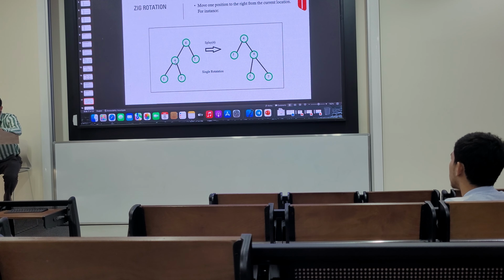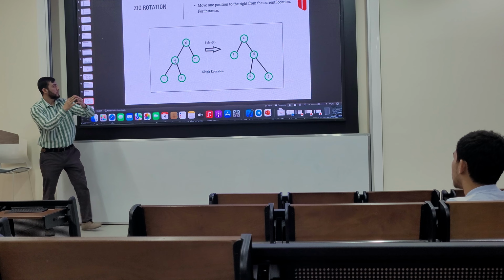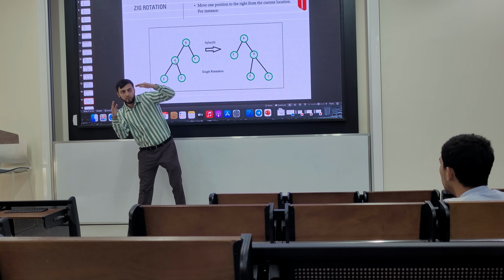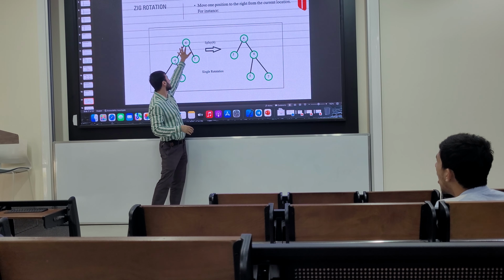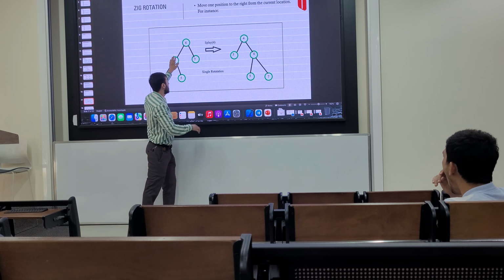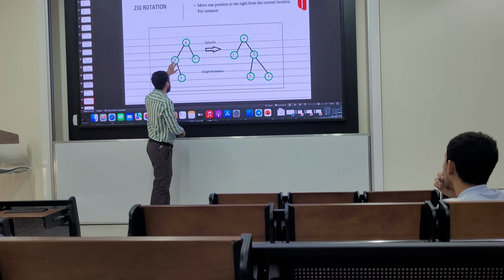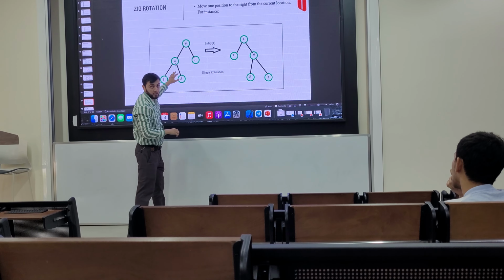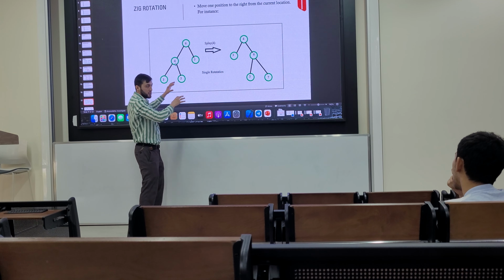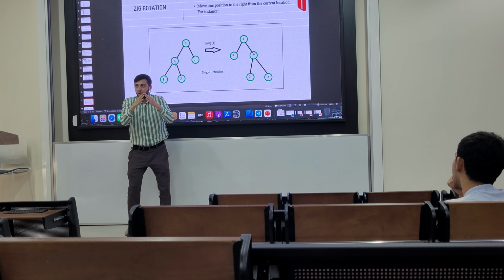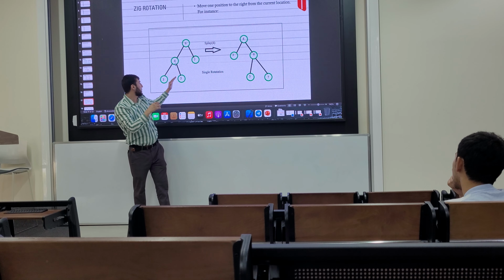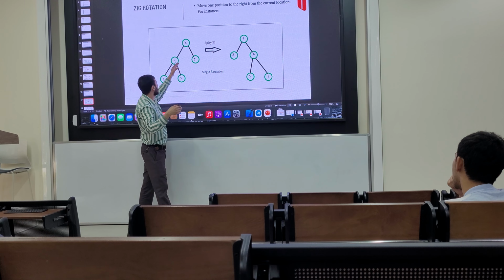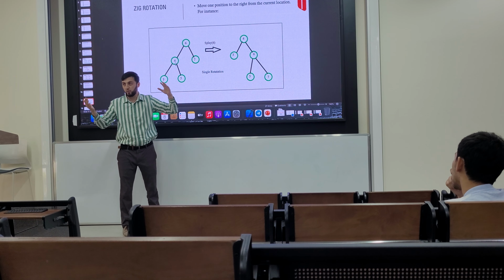So it means you simply take this node: 4, 3, 5. Node 4 goes one level up, and you move the other nodes to the lower side. This one also has its own pointers, correct? You separate it, imagine it this way, and then 6 and 7 are separated also.